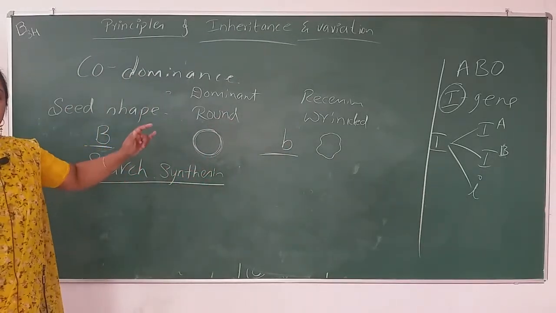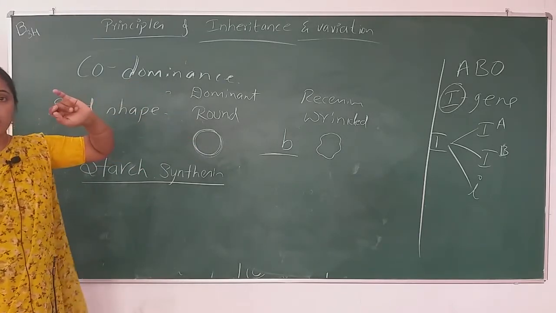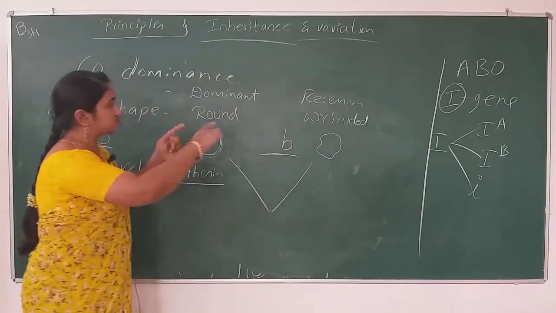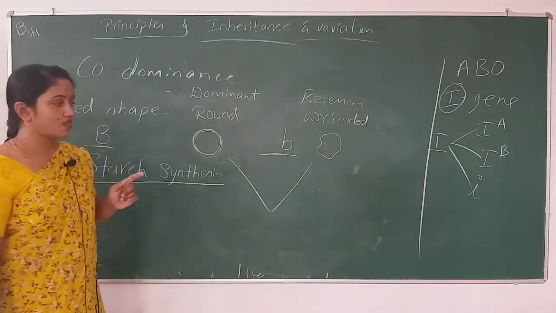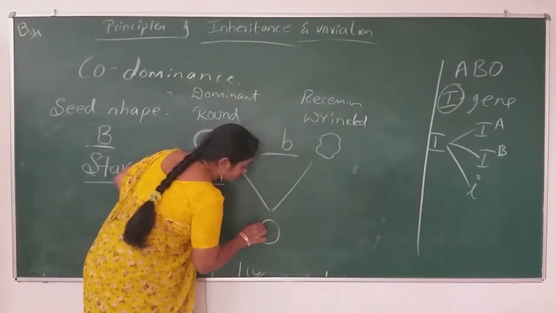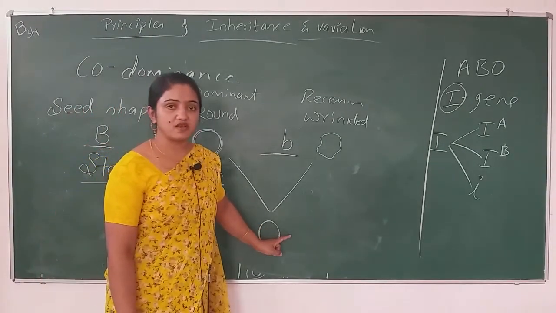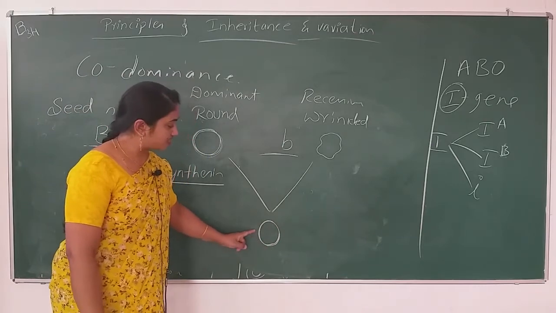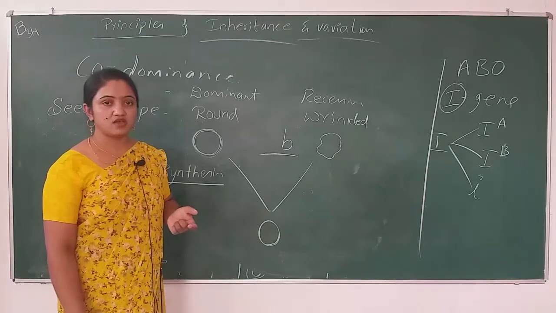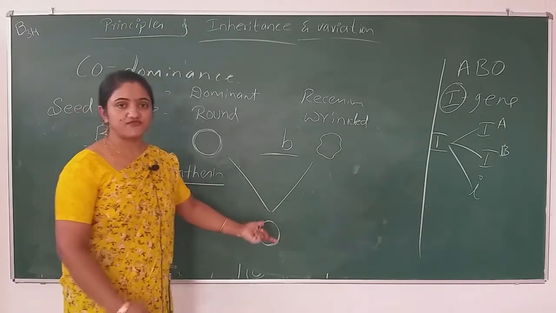We are not getting the concept of why we are studying this under codominance. The result is here. Let me tell you, when we cross these two traits, what will be the result? In the F1 generation, all the offspring will have round shaped seeds. You can ask me what the difference is.